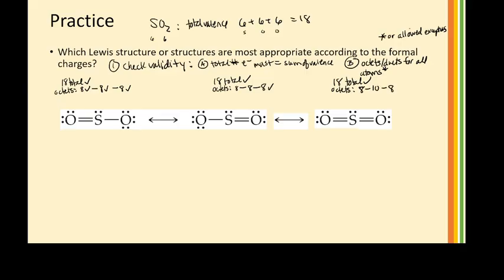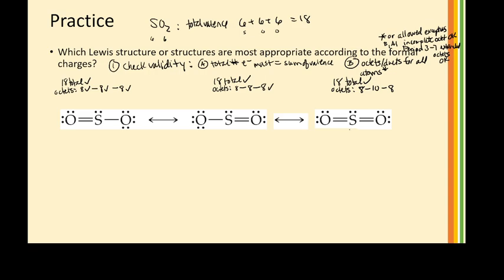Now again, we talked about the allowed exceptions. Remember, the allowed exceptions are that boron and aluminum can have incomplete octets, and periods 3 through 7 can have extended octets, meaning greater than 8.